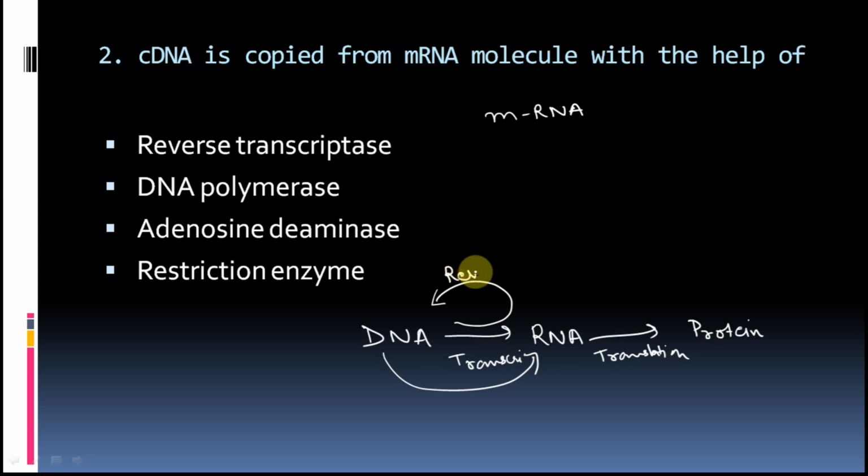This is known as reverse transcription because we are reversing it from RNA to DNA, and the enzyme involved here is reverse transcriptase. Since the name is reverse transcription, the name of the enzyme is reverse transcriptase, which is responsible for the formation of a DNA copy from an RNA, and this DNA which is now formed from the RNA is known as cDNA.